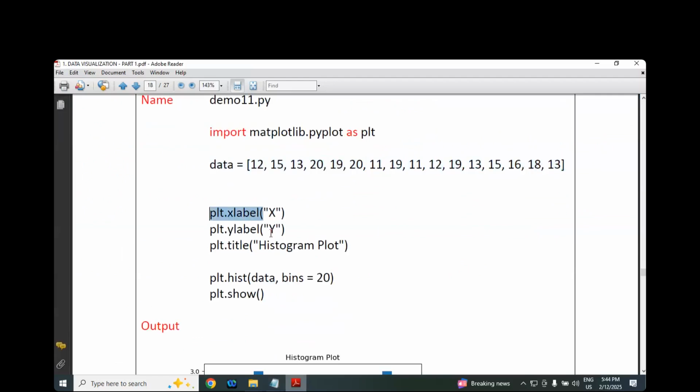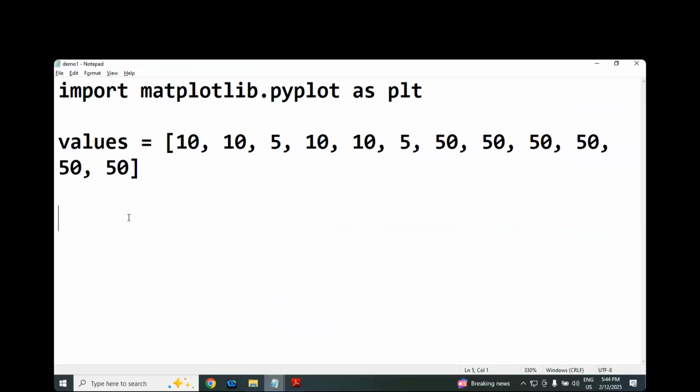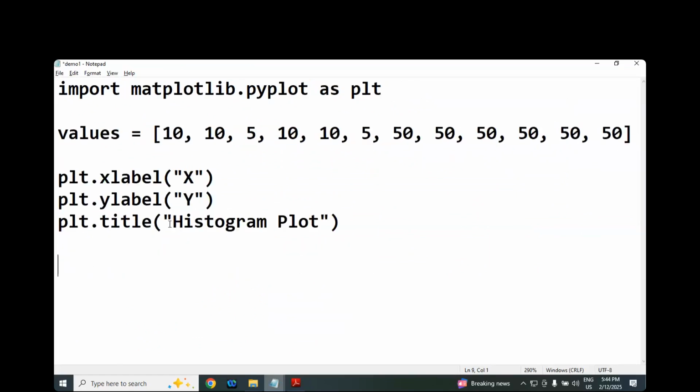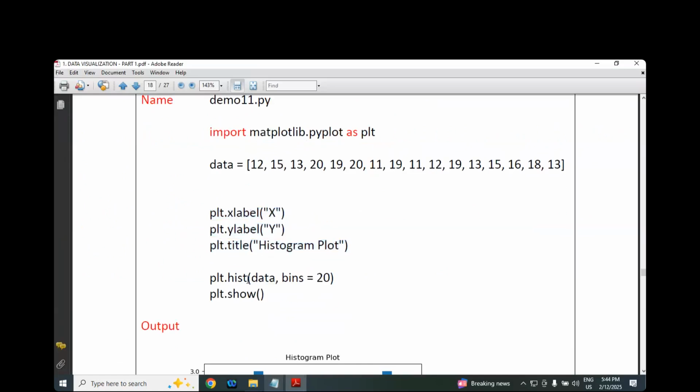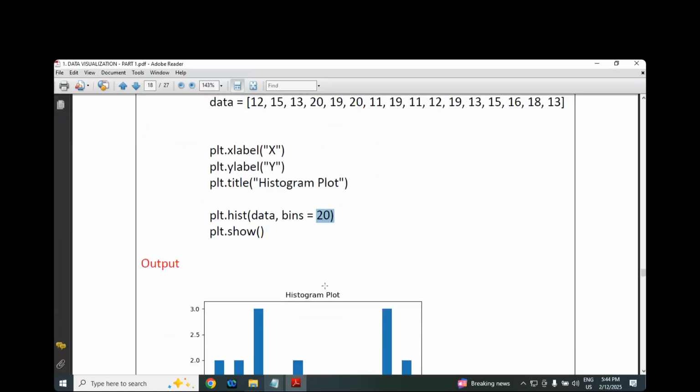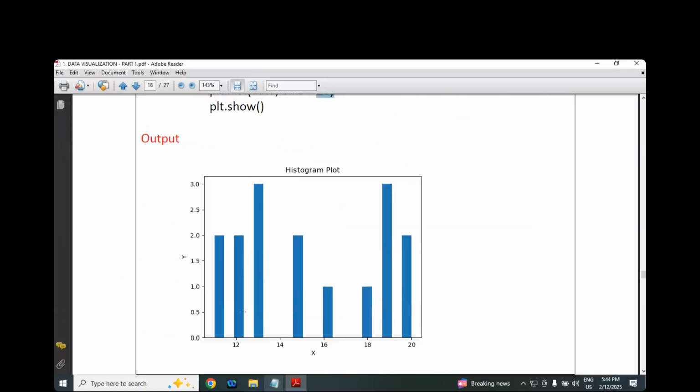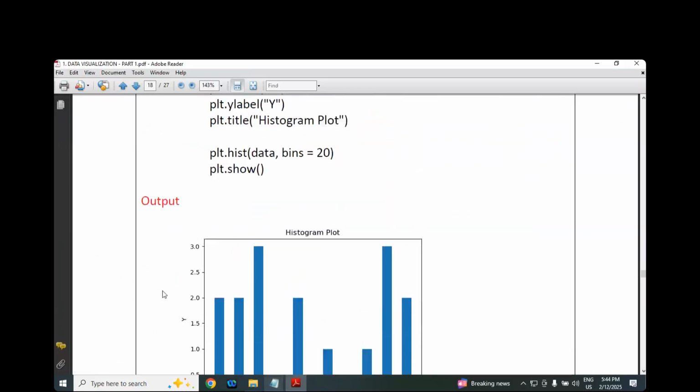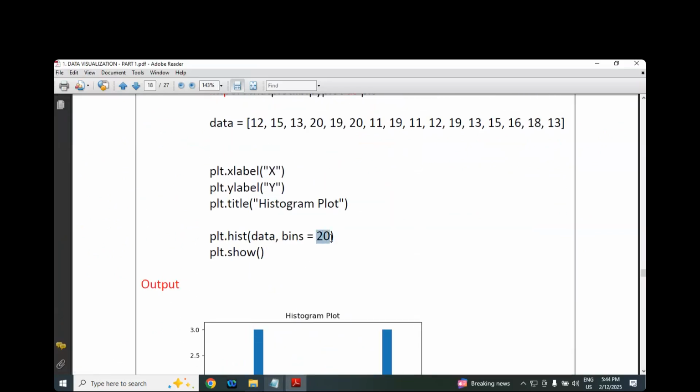X label, Y label, title. I hope you know this. The next one, any idea what we need to call? Histogram. So here you need to provide the data and bins equal to 20. This is kind of some distance in between. You just have to play with 10, 15, 20 like that, and you will get an idea.